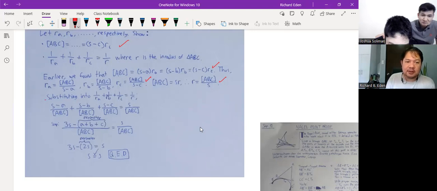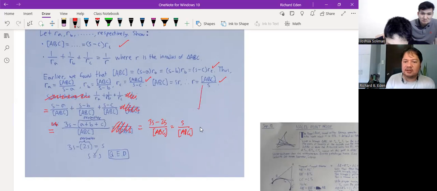Just start with 1 over RA plus 1 over RB plus 1 over RC, and then try to see what it's equal to. 1 over RA is S minus A over the area of the triangle, and this ends up being a fraction whose denominator is the area of ABC, and numerator 3S minus (A plus B plus C), which becomes 3S minus 2S over the area of ABC. So S over the area of ABC.